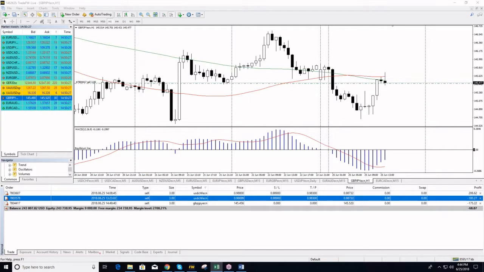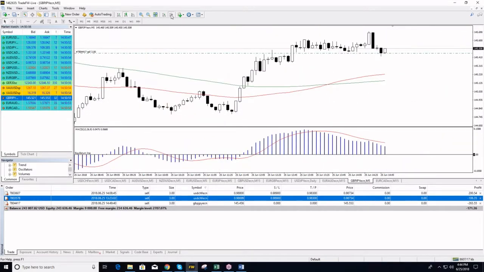Okay, we have good resistance levels at 145.61, and our support levels at 145.16, 145.24. Okay, let me check the 5-minute chart. 145.80. Yes, okay, 145.80 is our stop loss.